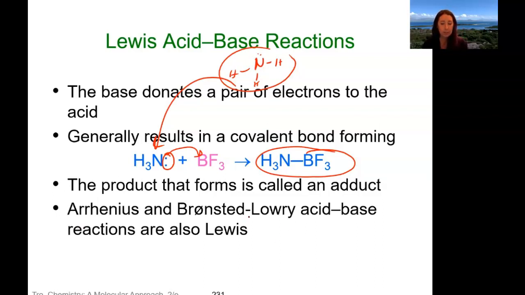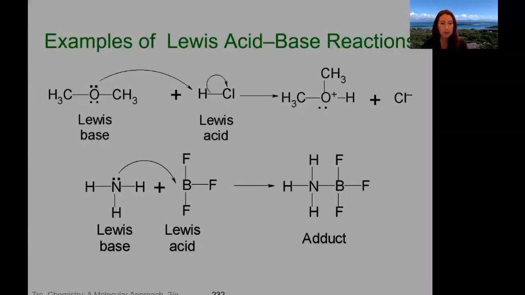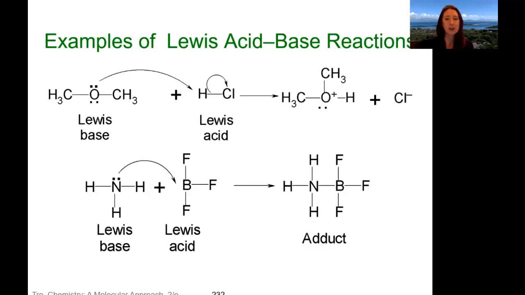So Arrhenius and Brønsted-Lowry acids and bases can also be Lewis acids and bases. If I want to show you this one, this here is called a mechanism. I do not expect you to be able to draw this mechanism. I just want to show you how it works. So here's those lone pairs. Hydrogen has the ability to accept, here's our Lewis acid, from our HCl.